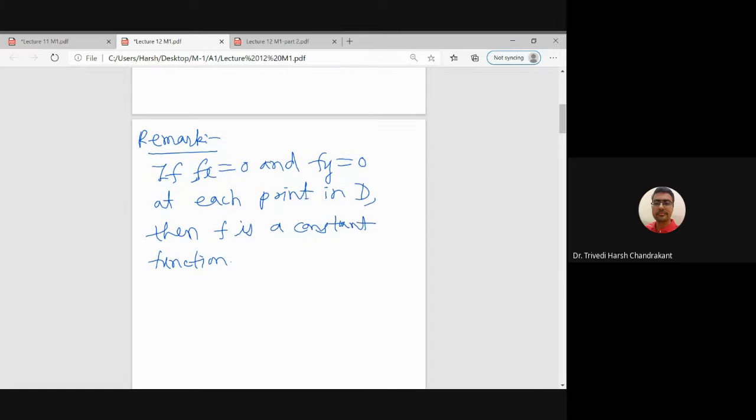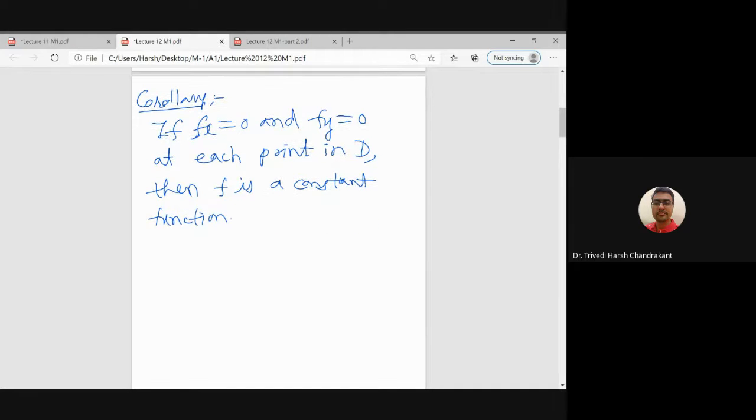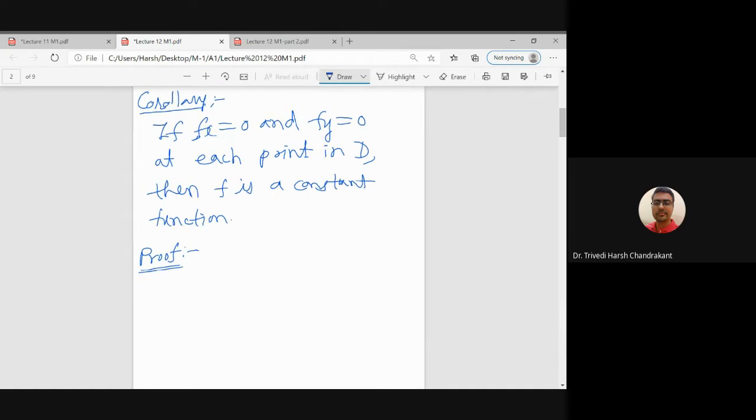We can call this a remark, or we can also say a corollary of the theorem. The proof is just applying the mean value theorem, just a one line proof.